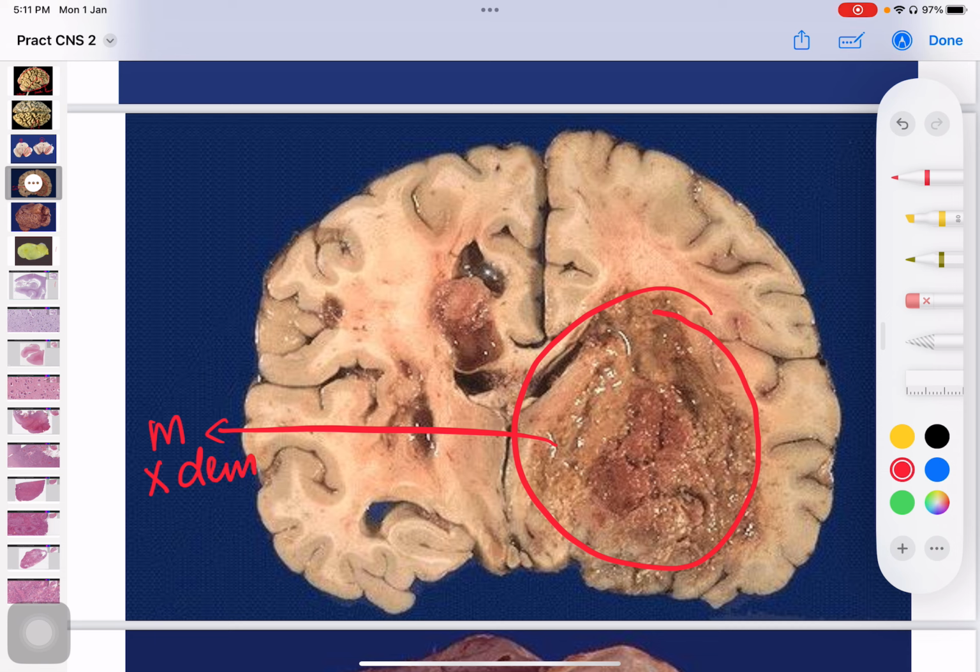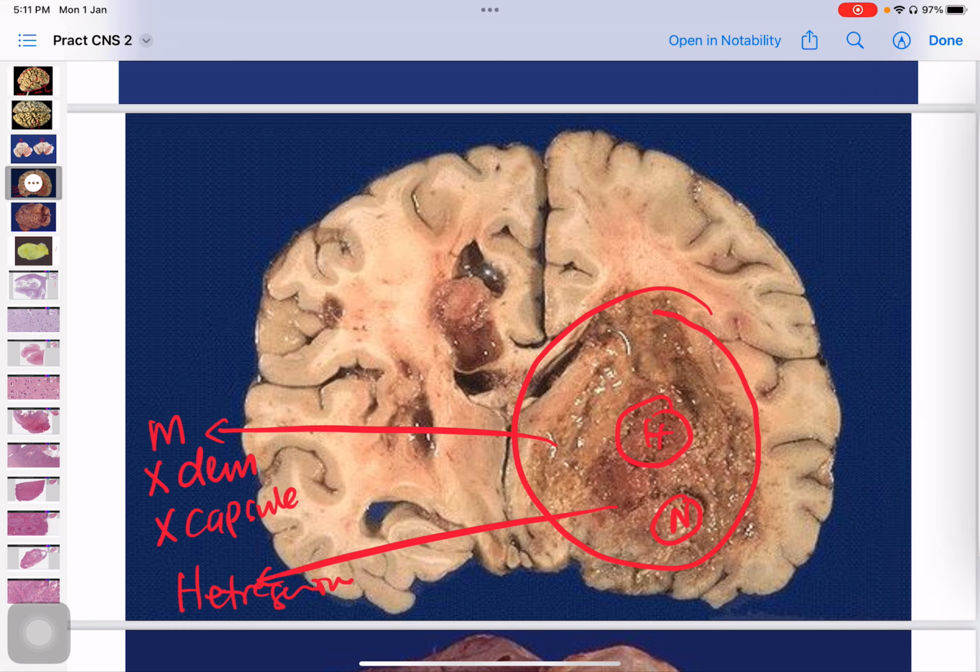And because of that, it does not have a well-formed capsule, and the cut section is heterogeneous, okay, with areas of hemorrhage, because it's red, and the yellow one is necrosis, okay.